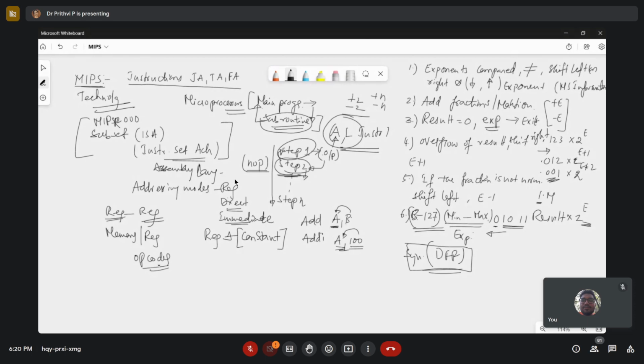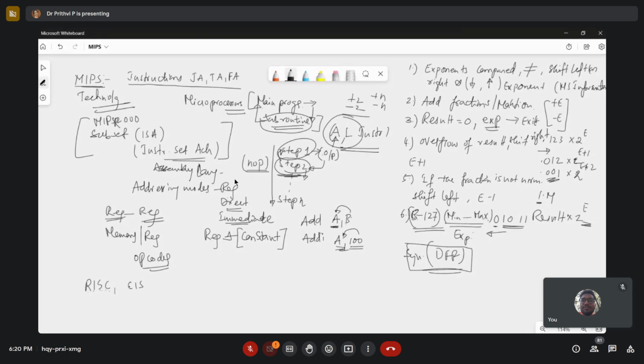Okay. So this MIPS instruction was first developed, and that was mentioned as RISC or CISC processors. What is this RISC or CISC? RISC is the full form reduced instruction set computing.